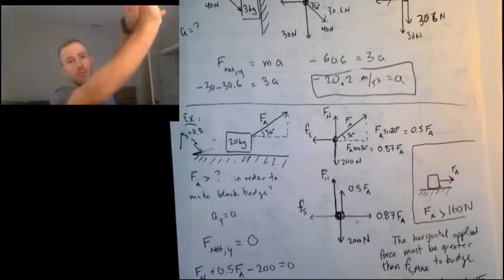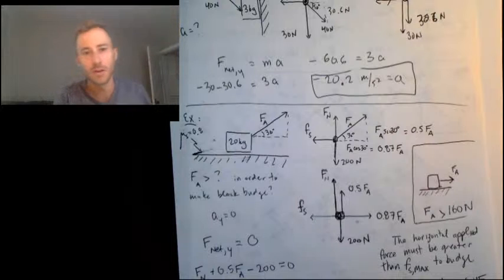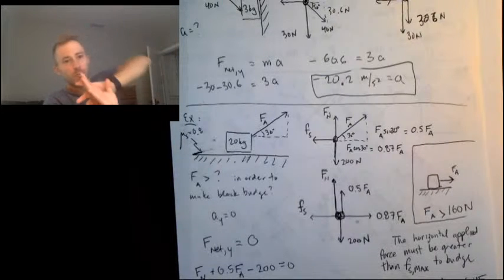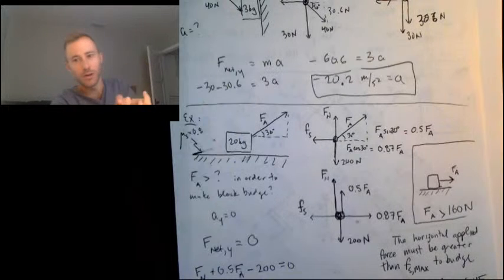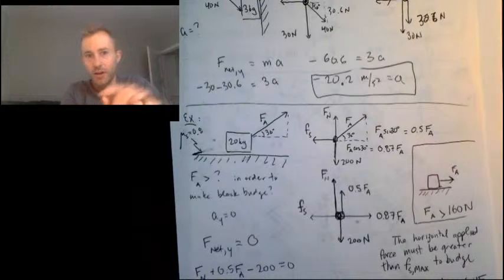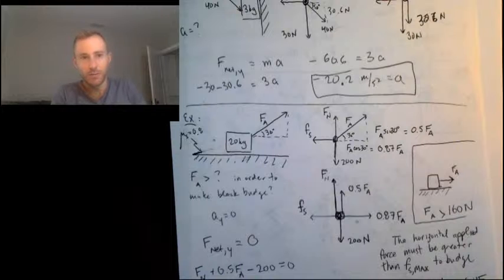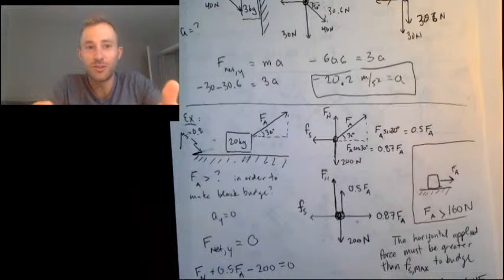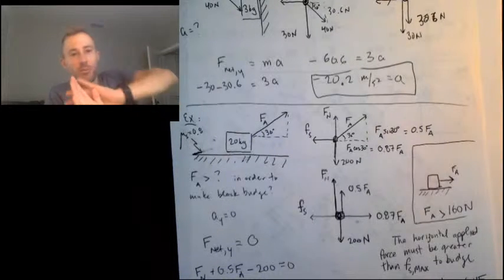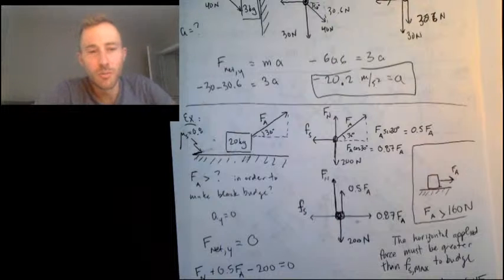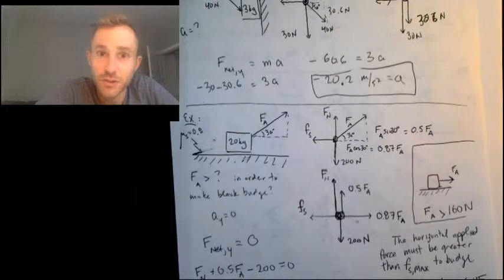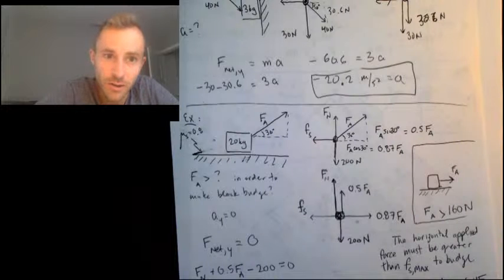Furthermore, if you're pushing them up, then according to Newton's third law, they are pushing you down into the ground. And if you're getting pushed down into the ground, then your normal force is increasing, which increases your friction. So by pushing someone up, you're making their static friction less. They have less traction, and you're making your own traction greater. Okay, so that's going to put you at an advantage.